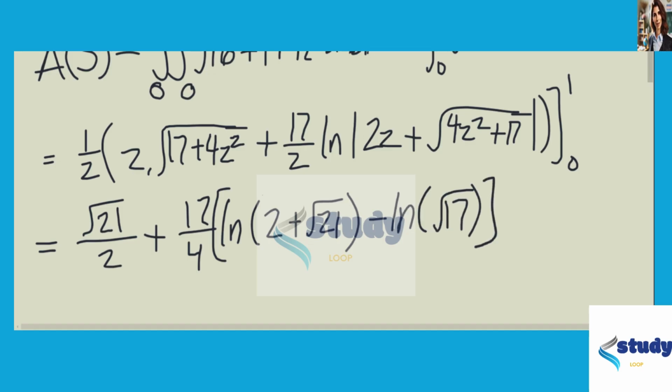And this could be written in a different form, but this is the area of our surface.